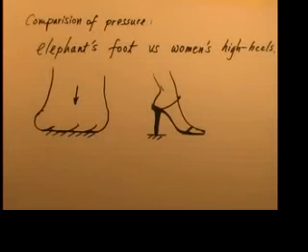An interesting application of the pressure concept is the comparison between the pressure produced by a foot of an elephant and that produced by the high heel worn by a woman. Let's assume that we're looking at an adult elephant that weighs about 16,500 pounds. That is very heavy.